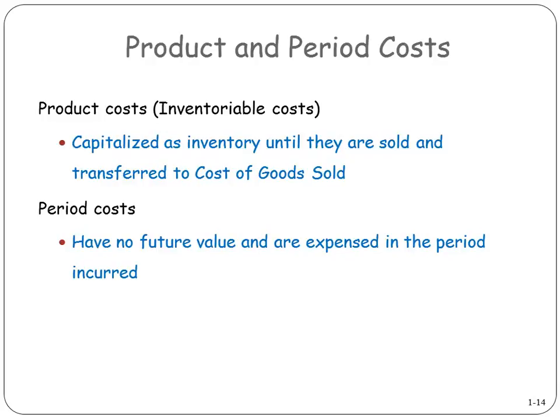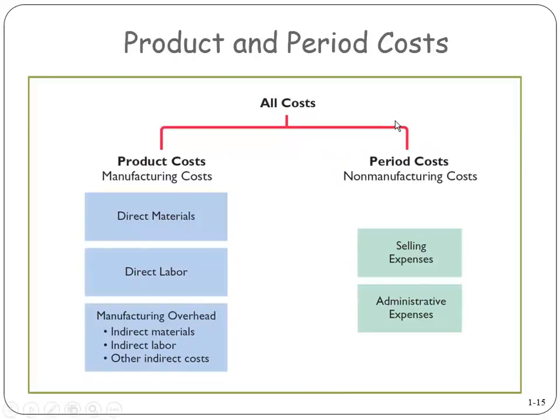Period costs are those that can't be easily identified with a specific product, advertising maybe, and so they have no future value, so they are just expensed immediately as they occur. So product costs go into inventory until they're sold. So manufacturing costs are product costs, and all these administrative things would be expensed.